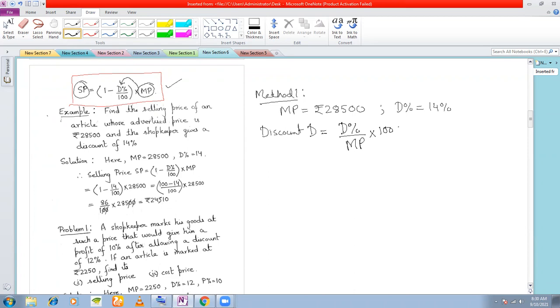So how much reduction is the shopkeeper giving? 14 by 100 into mark price, so 14 by 100 into 28,500, right?